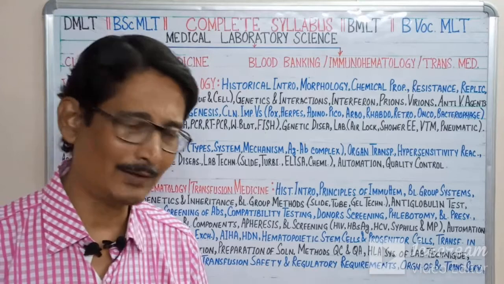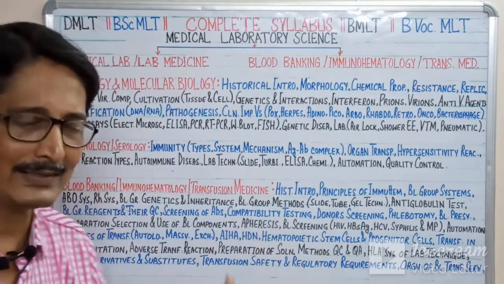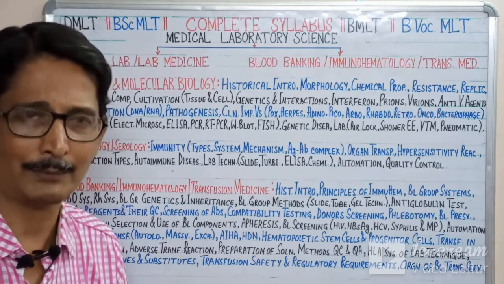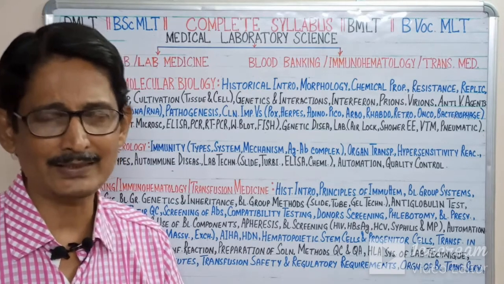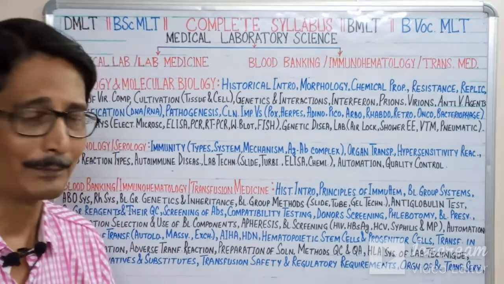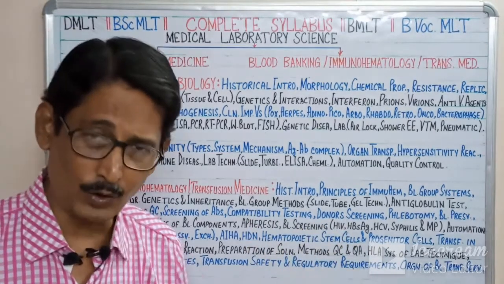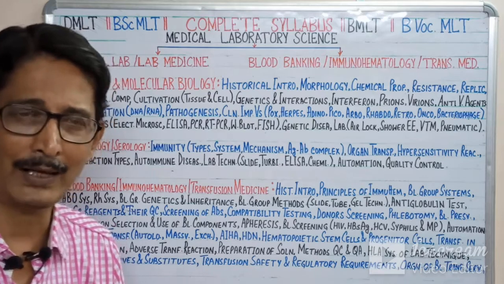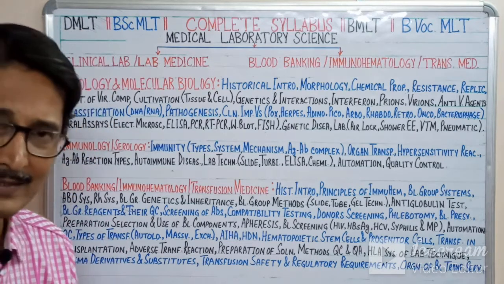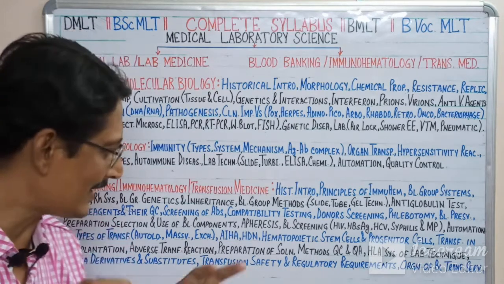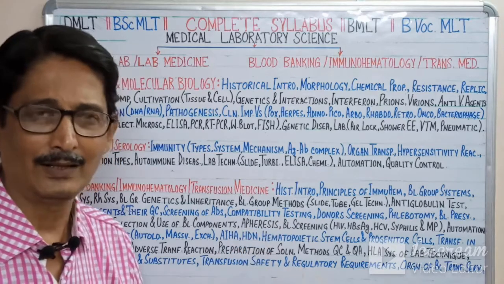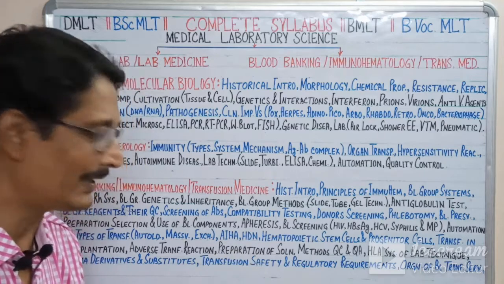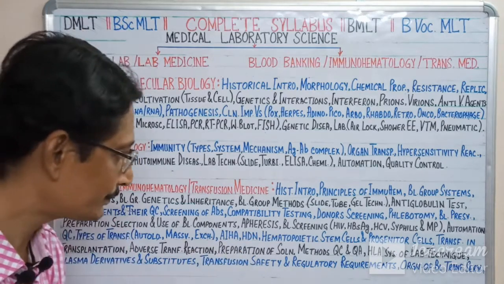So through apheresis, a donor can donate more frequently, that is after 72 hours. But if we take whole blood, the donor can donate again only after 3 months. So instead of 3 months, through machines we bring it down to 3 days only.